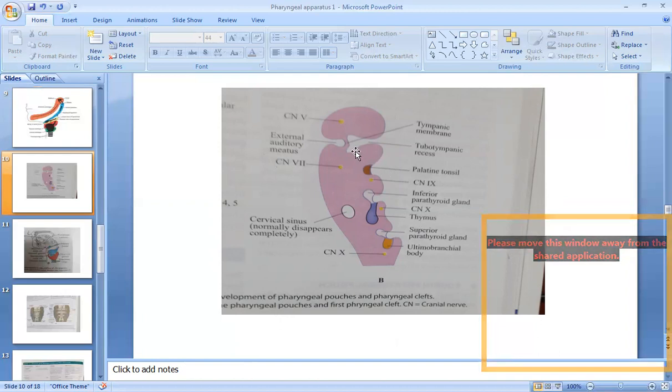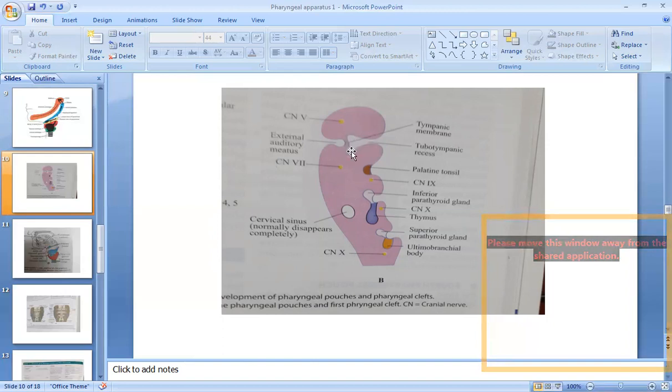The derivative of the cleft and pouch: you can see here from outside, this cleft will be converted into the external auditory meatus or external auditory canal. And from the inner side, it will come toward this external auditory meatus, and this distal part will become dilated, and it will form the middle ear cavity or the tubotympanic recess.